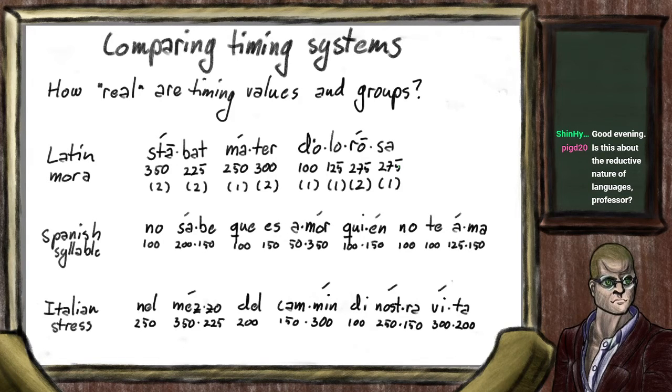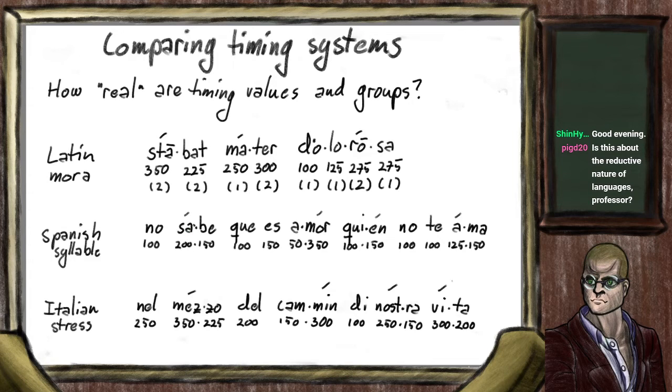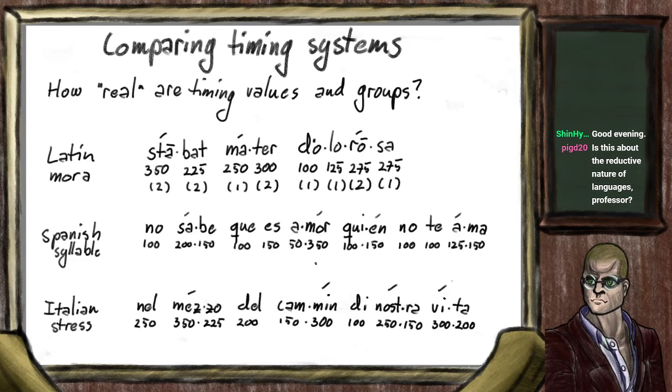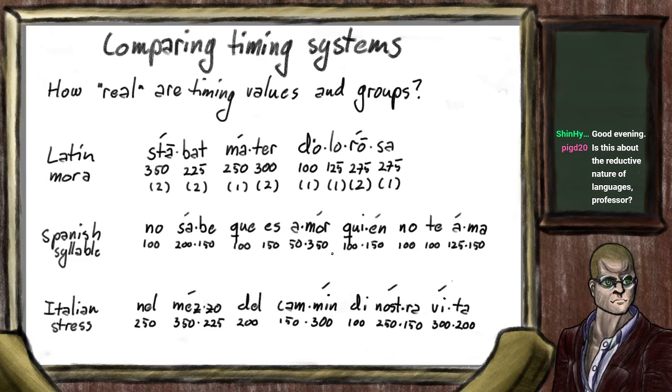Here we can see that a lot of the syllables are actually quite short. Even the stressed ones are much shorter than they will be in Italian. In this case, the mur is overwhelmingly longer than the others. There might be several reasons for this.